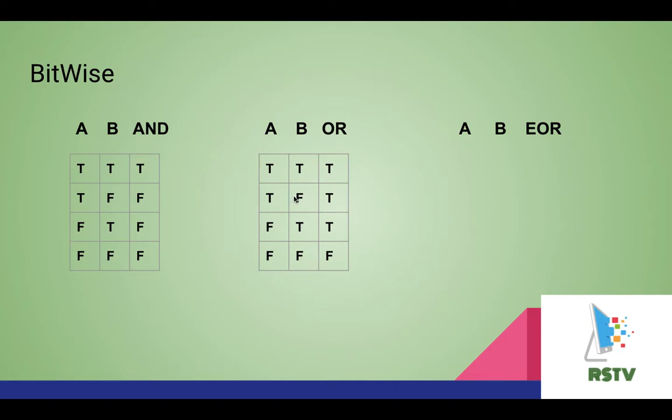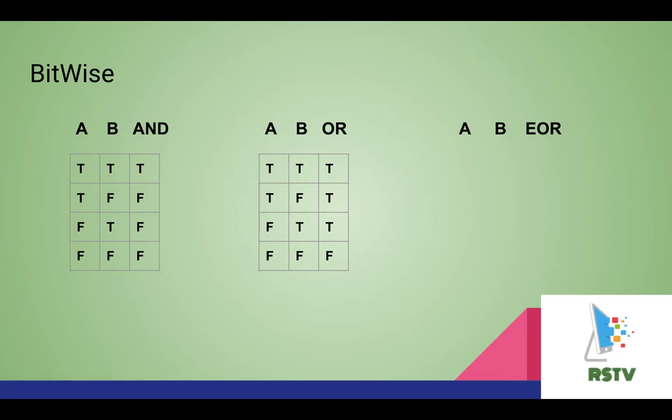Only one true condition is enough for the final output to be true. Next, A false and B true, the final output is true only. Next, A false and B false, obviously the final output is false because there is no true statement here.